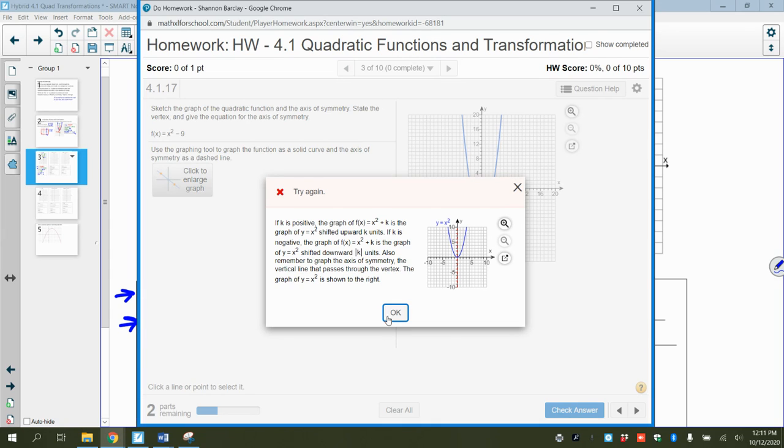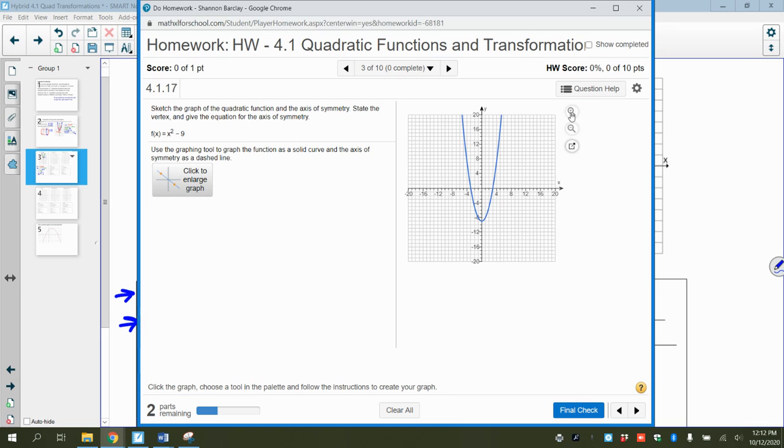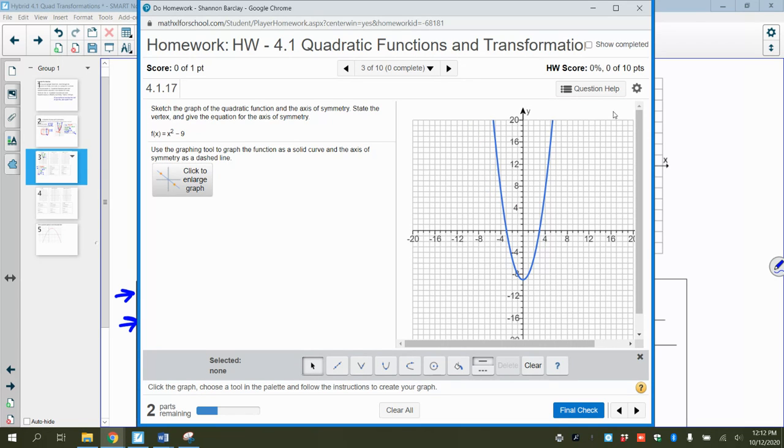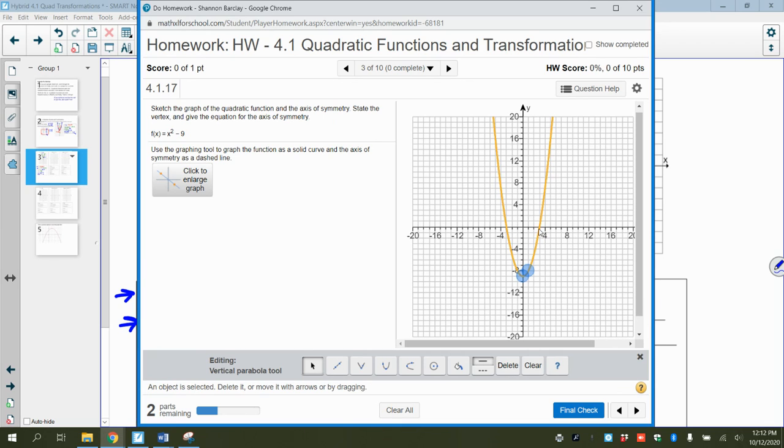Yeah, I moved it down 9. And those would be my x-intercepts at 3. This is right.